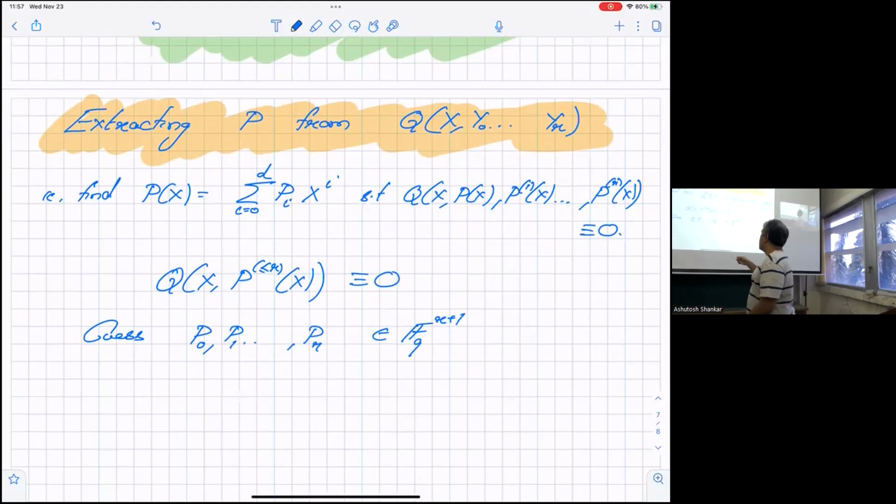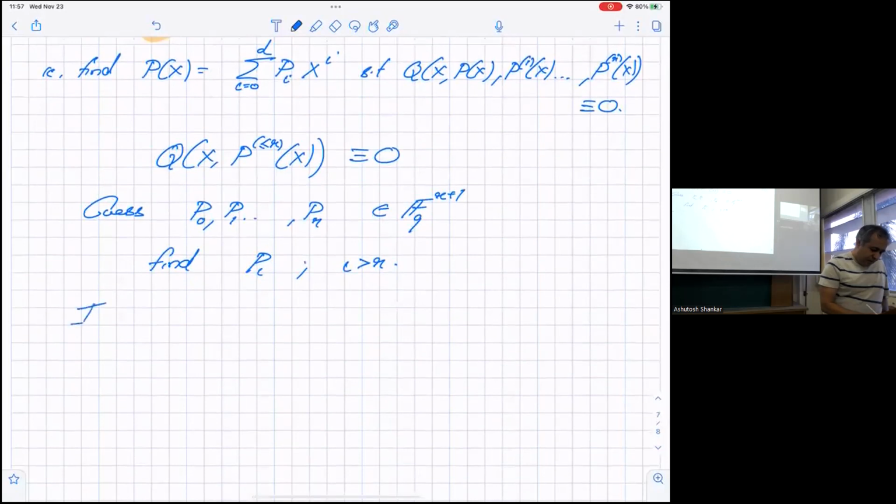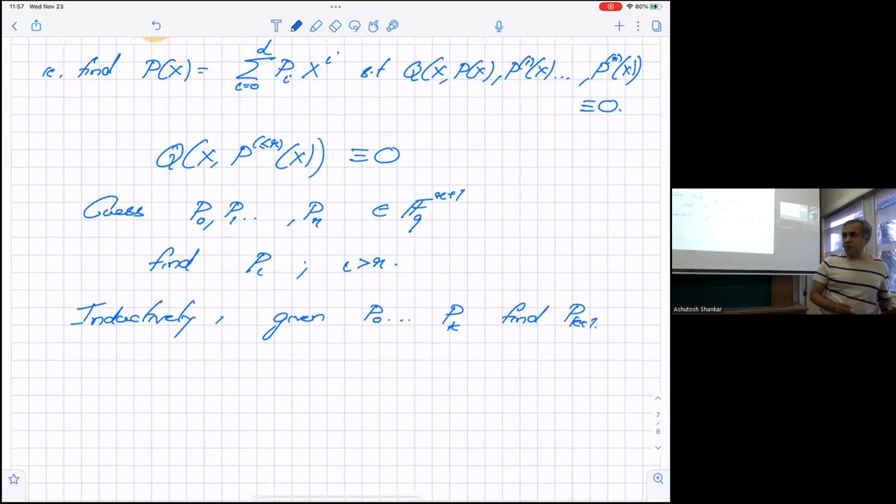Basically, we are going to find p_i for i greater than or equal to r, and we do that inductively: given P0, P1 up to Pk, we will find Pk plus 1. And we'll see if there is a way in which we can find Pk plus 1 uniquely out of this.